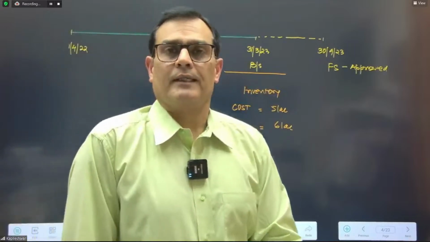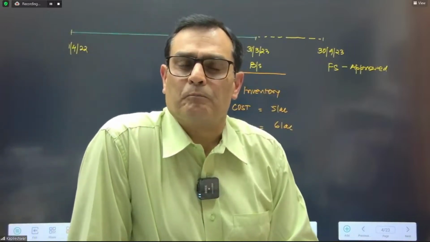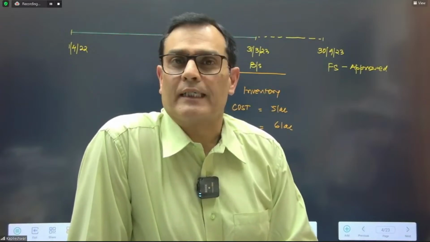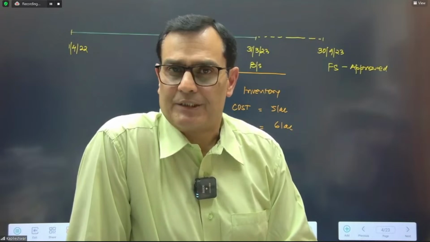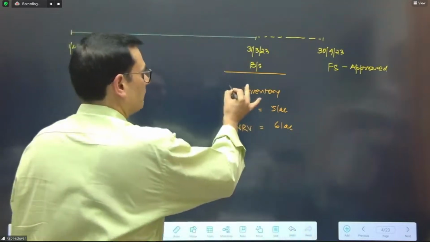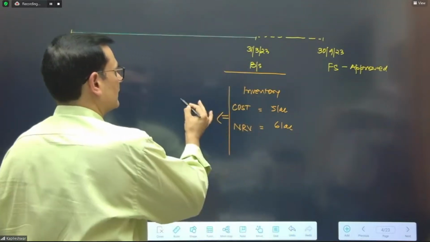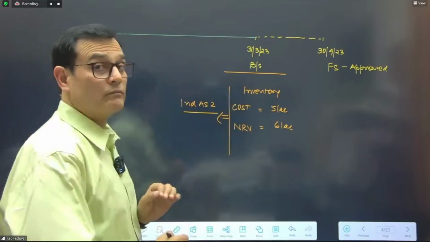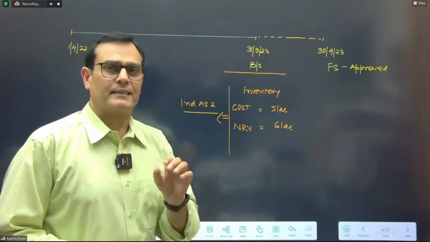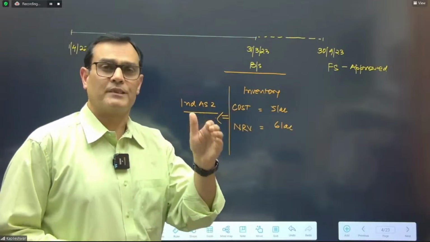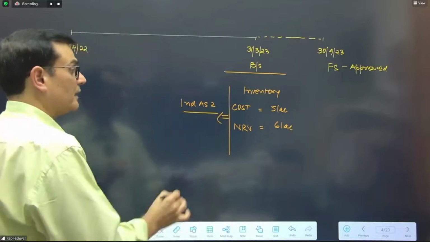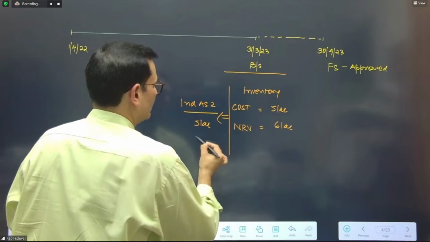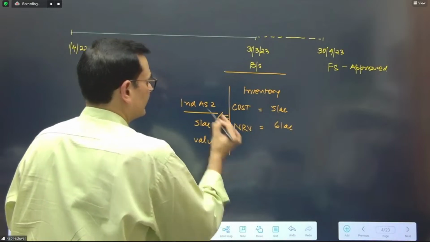We all know that inventory is measured based on Ind AS 2 and the measurement principle is cost or NRV, whichever is less. In ICAI, you did accounting standard 2, and in Ind AS, inventory is covered by the same standard number, Ind AS 2. So we will value the inventory at the lower of the two, that is 5 lakhs.